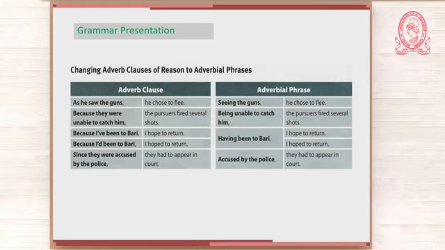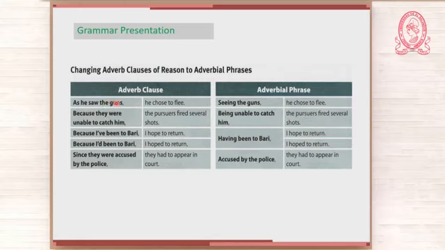Now let us see the other example. Because they were unable to catch him, the pursuers fired several shots. Subject, they. Subject, pursuers. Okay, they are the same thing, so it is possible to reduce the clause. Principal verb, the verb be in the past tense. Okay, what do we do with the subject? It disappears. What do we do with the verb?